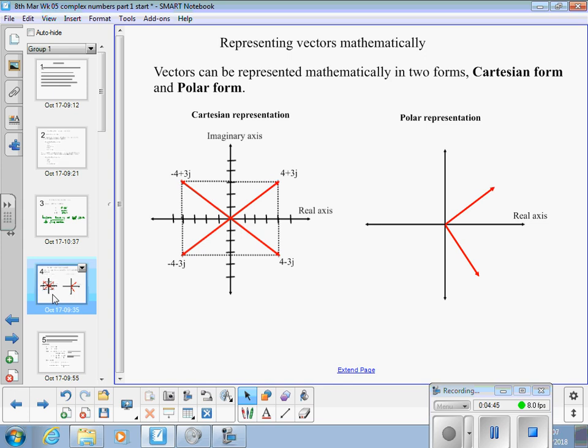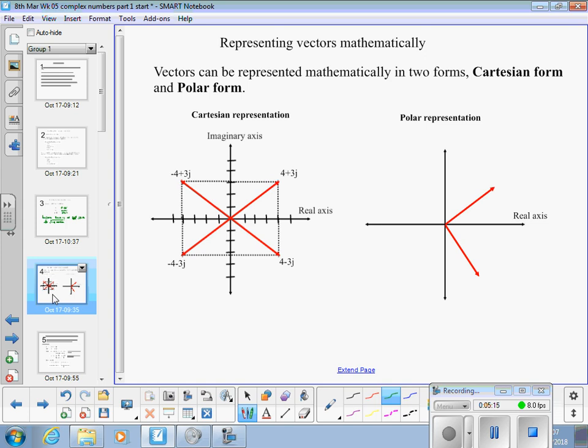We can do it in two forms: Cartesian form, with the Cartesian axes, the horizontal axis, the real component, and the vertical axis, the vertical component.